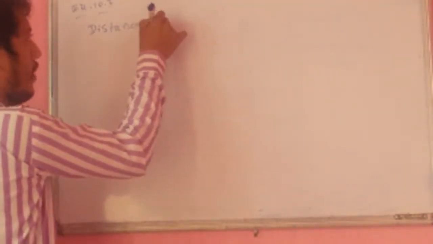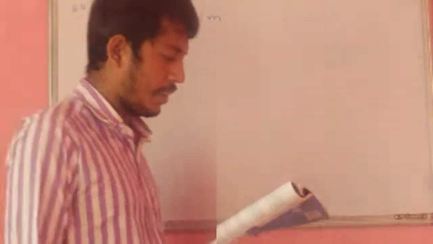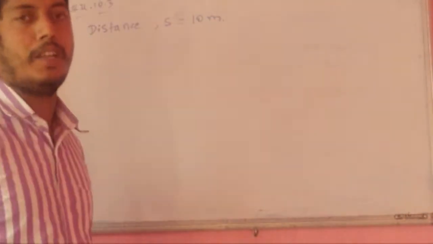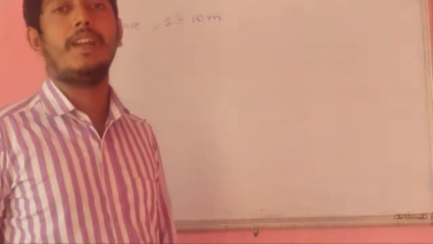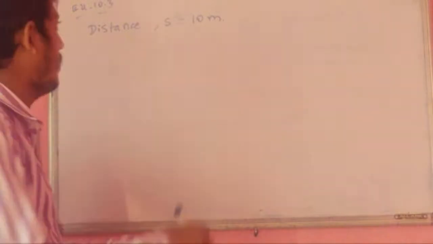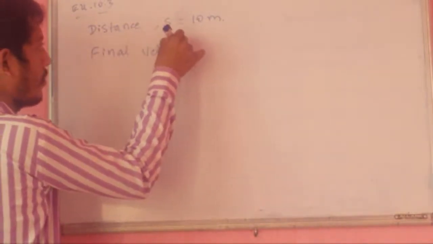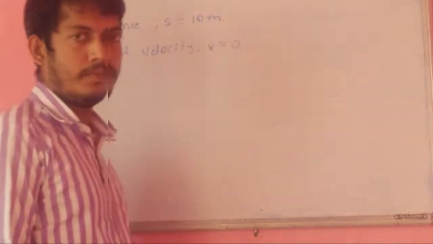Distance traveled, that is s equals 10 meter. The next one, because the object reaches 10 meter, at the end point the final velocity is 0. Final velocity, v equals 0.